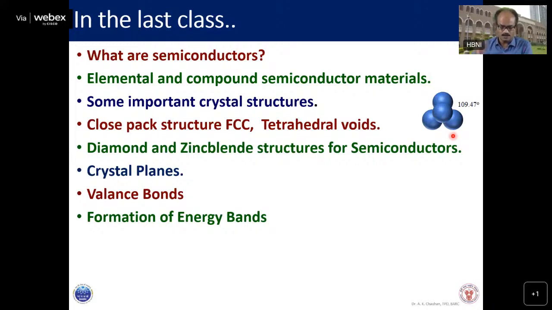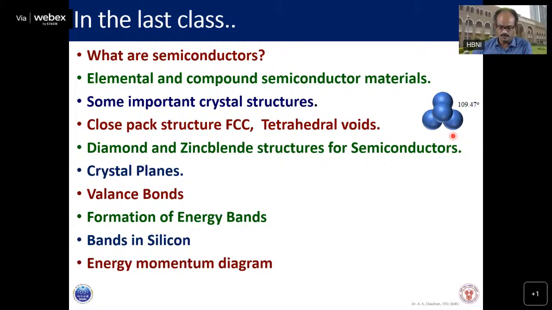This we tried to learn in detail, because when atoms are brought together, they form bands. Then we saw specifically for silicon how the band is formed. We will just quickly see the same figure today also. Then we saw the energy momentum diagram, the EK diagram.